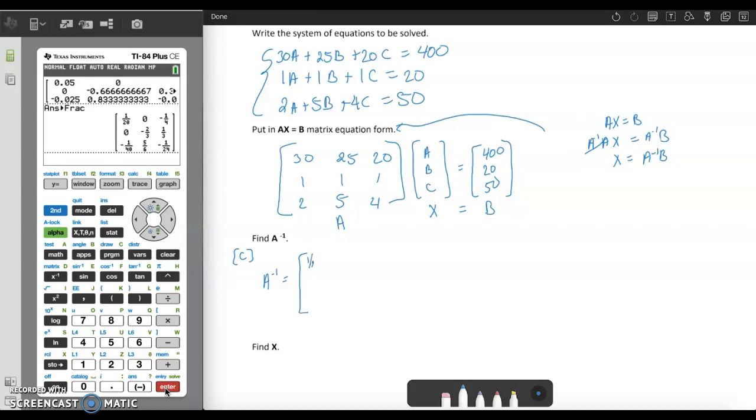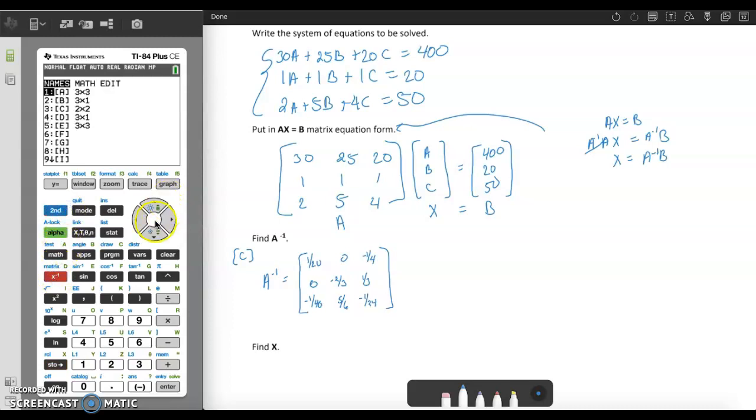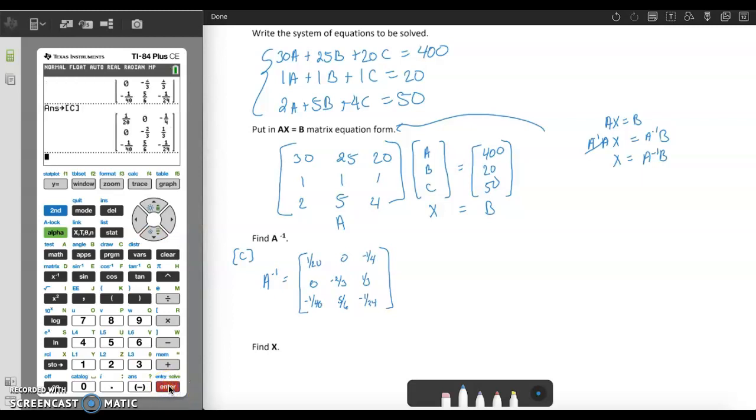So I'm going to do 1/20th, 0, and -1/4 as the top row, 0, -2/3, 1/3 as the middle row, and -1/40th, 5/6, and -1/24 as the bottom row. I'm going to go ahead right now and store that into second matrix. I'm going to store it in C. I'm just going to override whatever I have in there because I don't need it anymore. Okay, so I've stored that now.